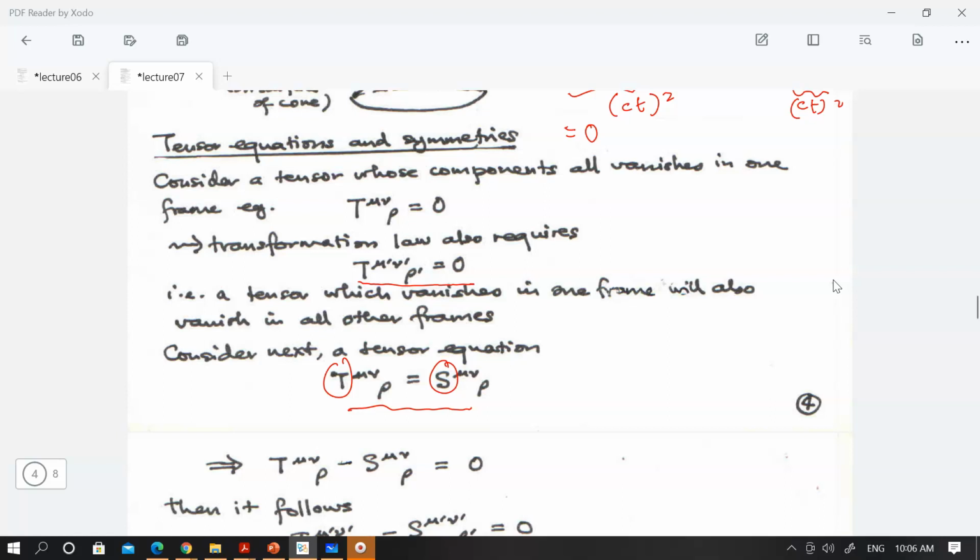Then I can rearrange this equation in this form, so the difference between the components of these two tensors is equal to 0. But if I can do this, what does that say? I can also say this.